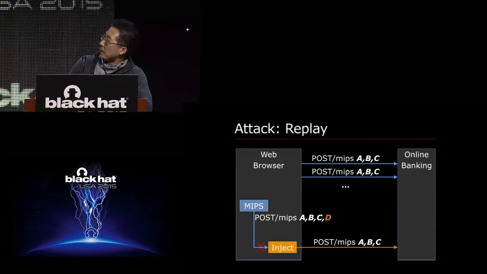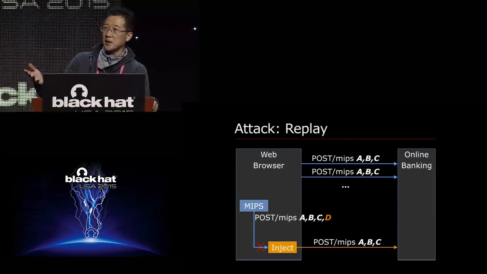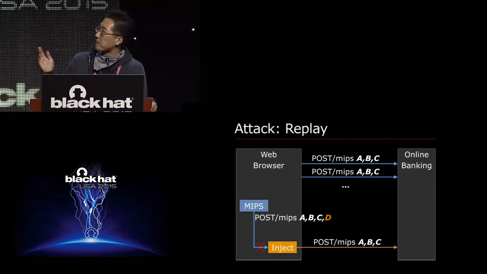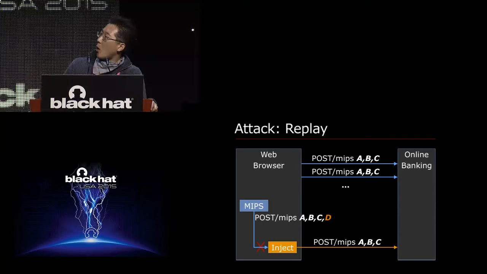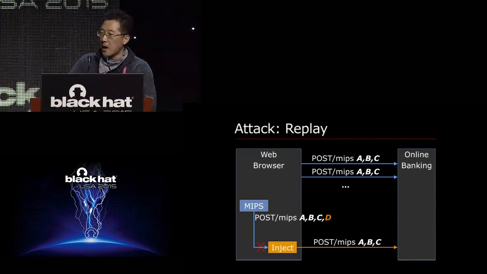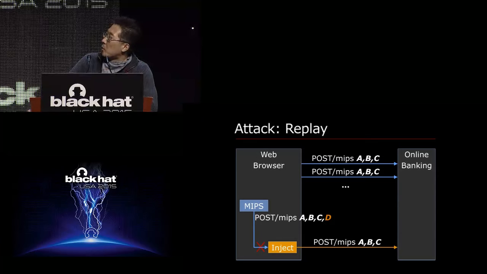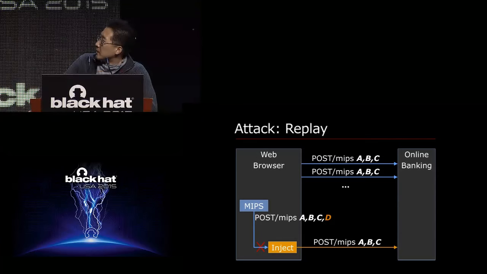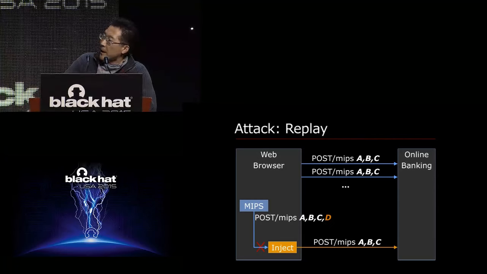The attacker realizes this always happens, and so when the attacker embeds its own script, it sees one more item at the end: A, B, C, and D. The attacker figures that out, and simply blocks the original MIPS traffic and instead replays the packets.